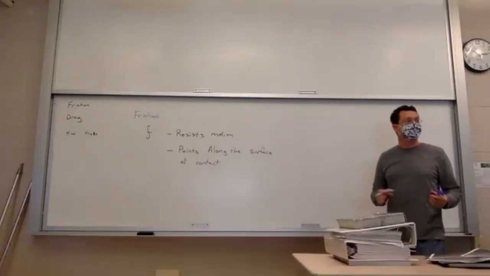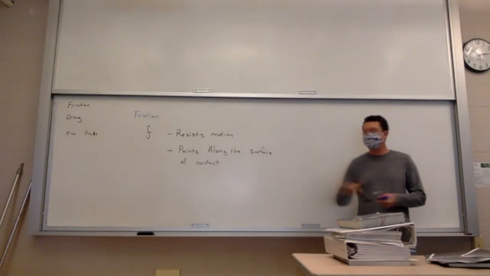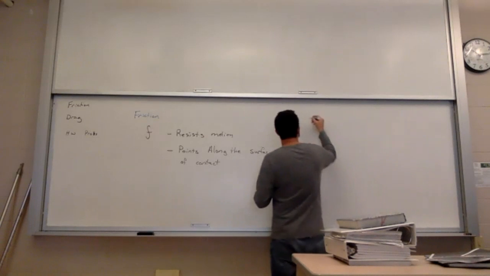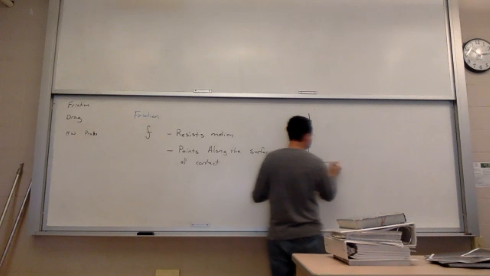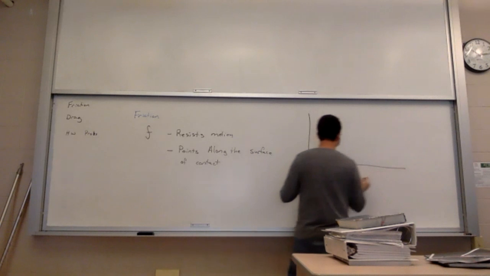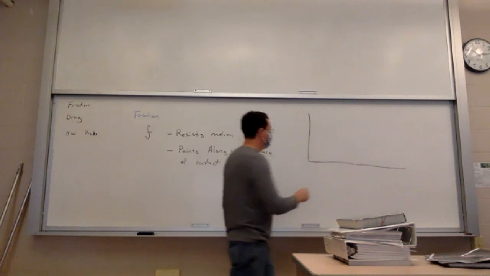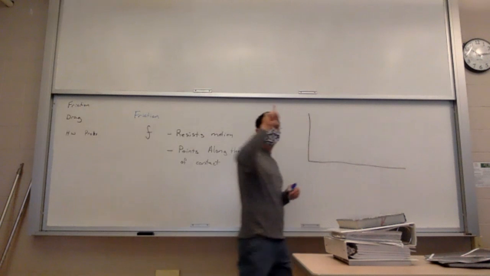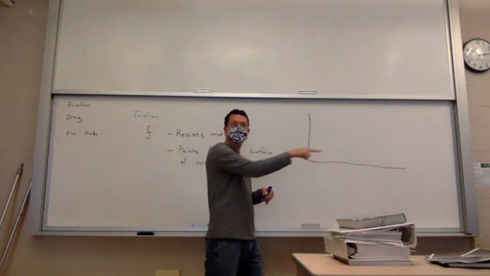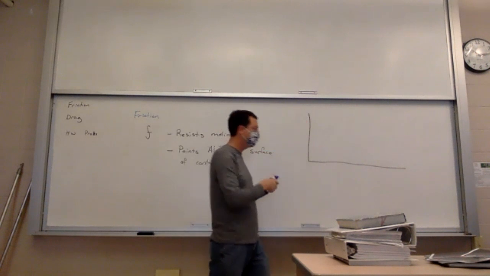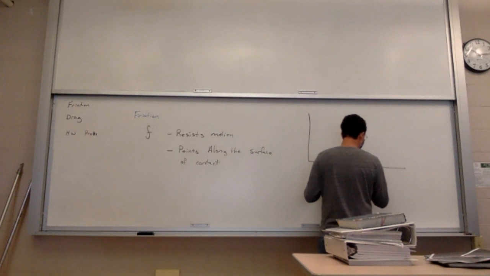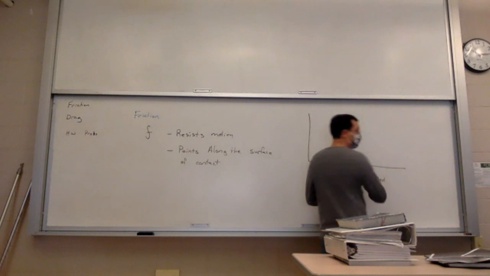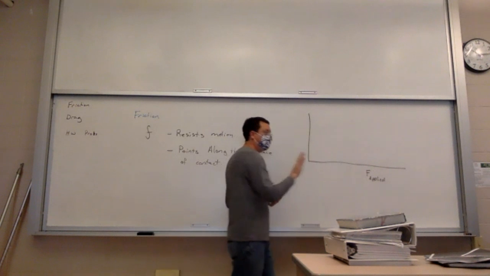So here's what we noticed experimentally when we push things around. We have the following kind of situation. On this side, this is the force from my finger, the force I'm pushing with, the force applied from the outside. The size of the force that's being applied.